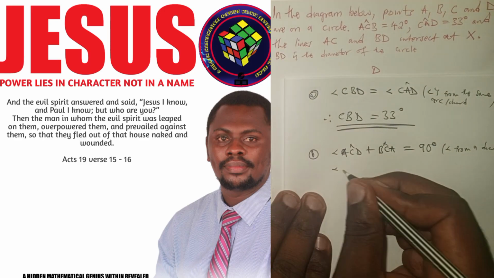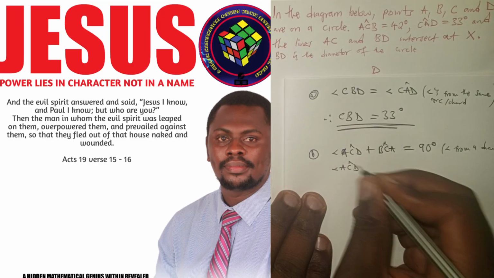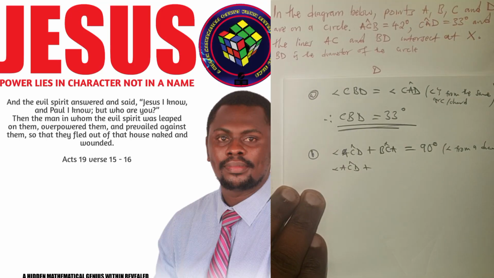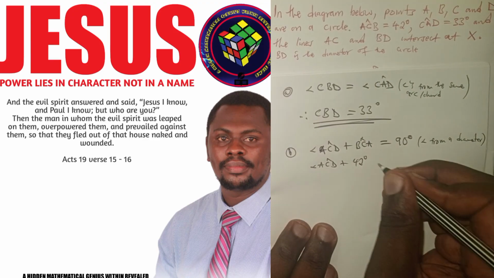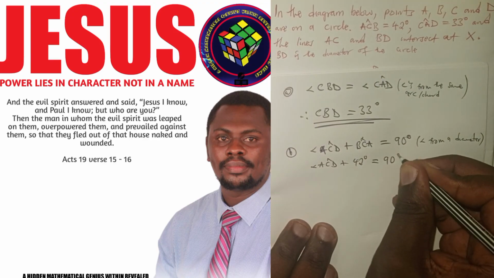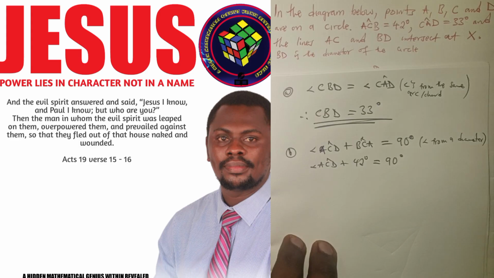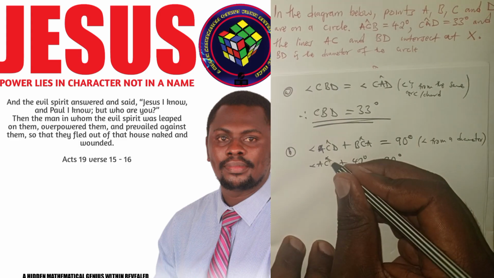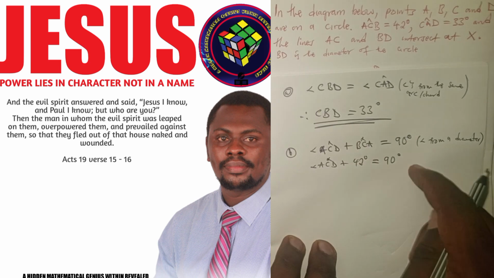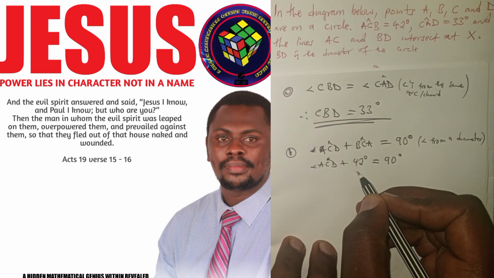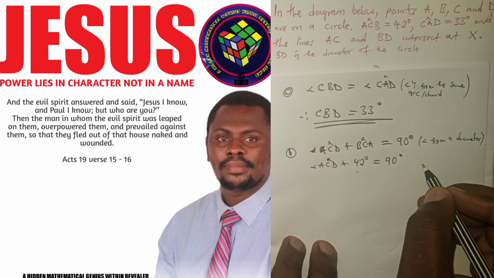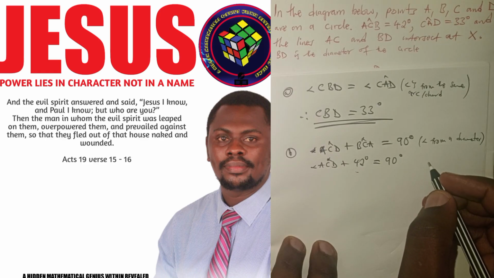So you say angle ACD plus BCA, that is 42 degrees, so plus 42 degrees is equal to 90 degrees. Then to remain with angle ACD, the 42 degrees will go this side. Here it is plus 42, this side it will be minus 42.